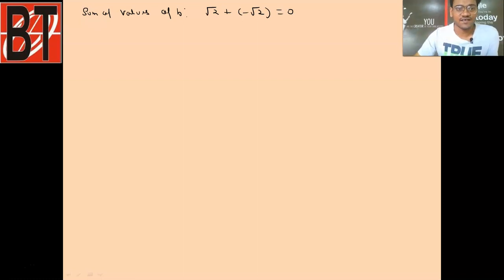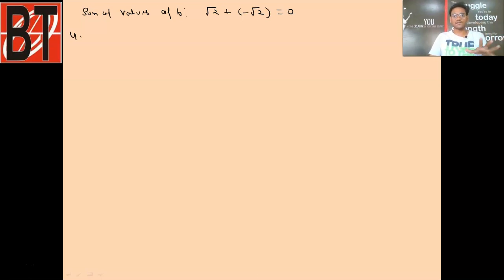See question number 4 of today's class. Now we will have questions based on quadratic as well as cubic, because the topic is completed now. We have to just finish this lecture.